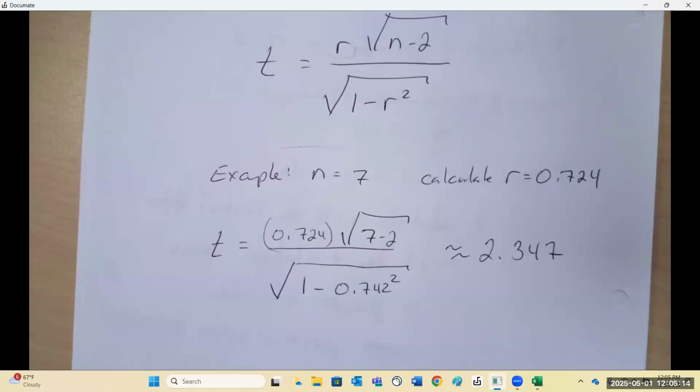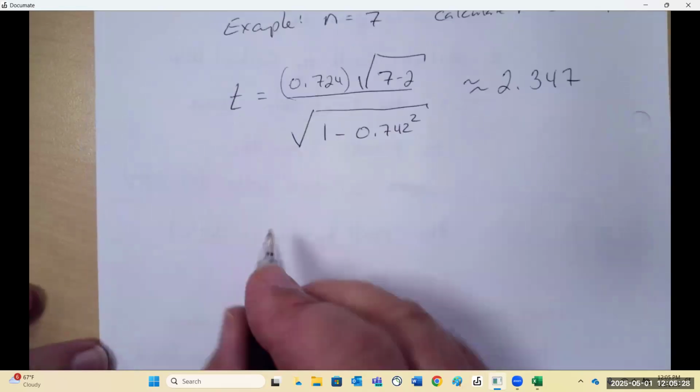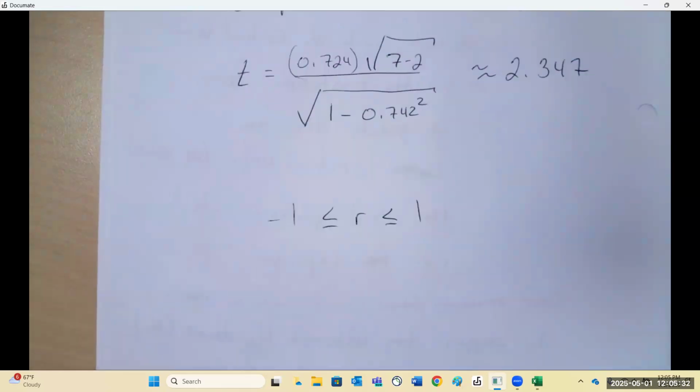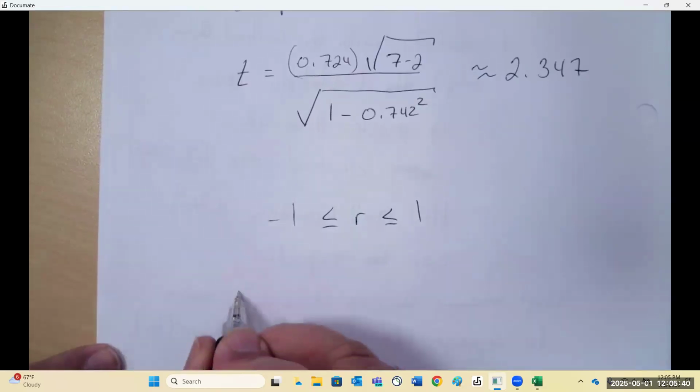Can the r value ever be negative? What's the range of r? So it is possible, because what determines that is the numerator. What's on your numerator?